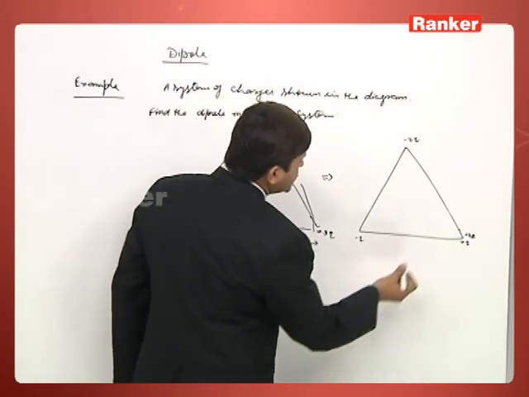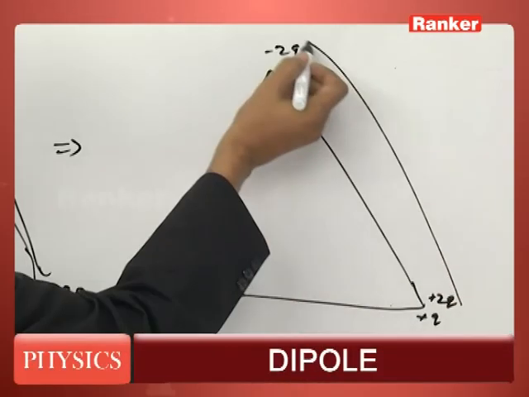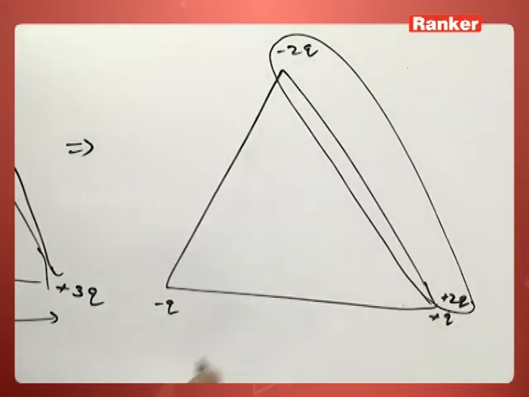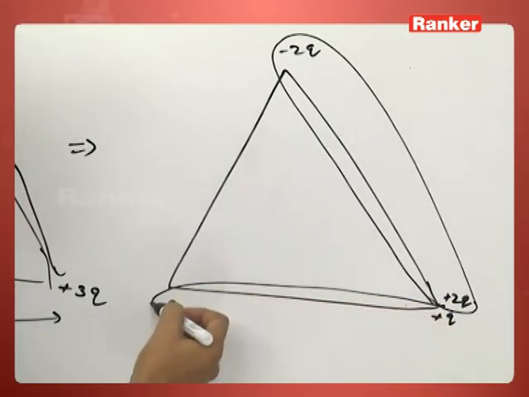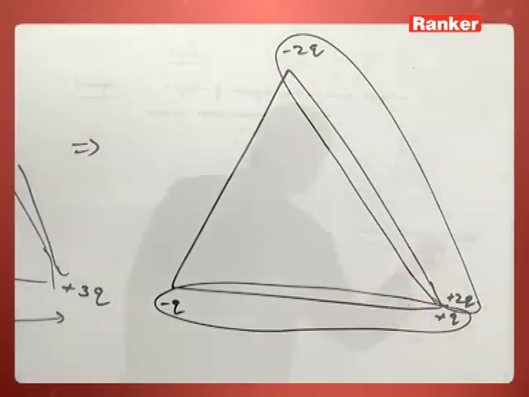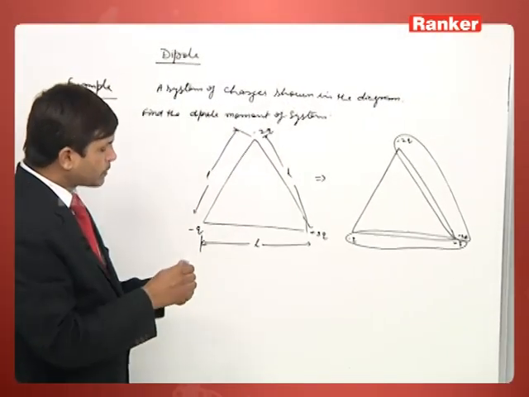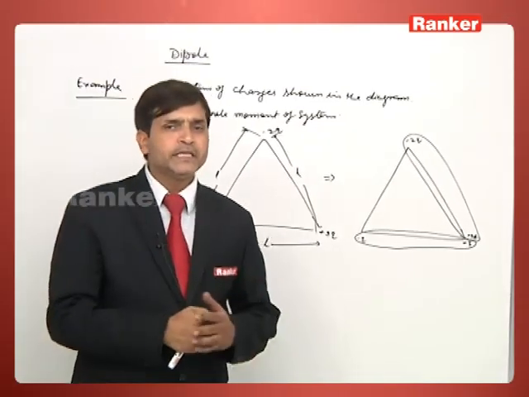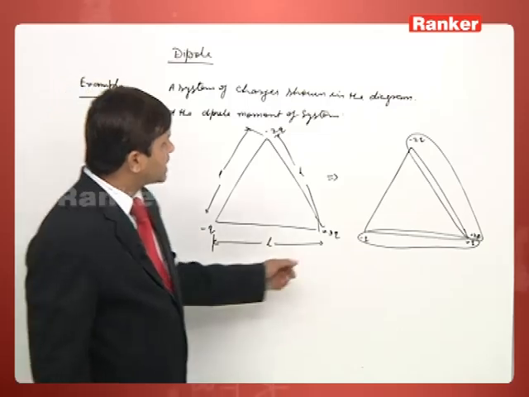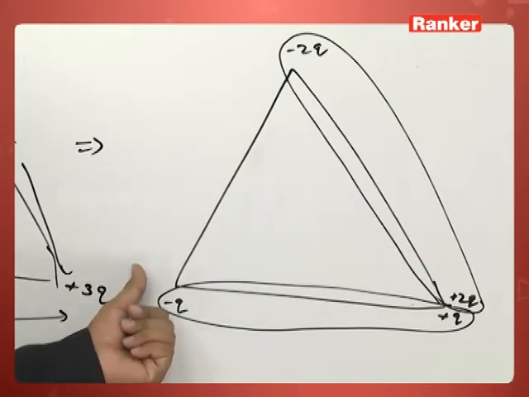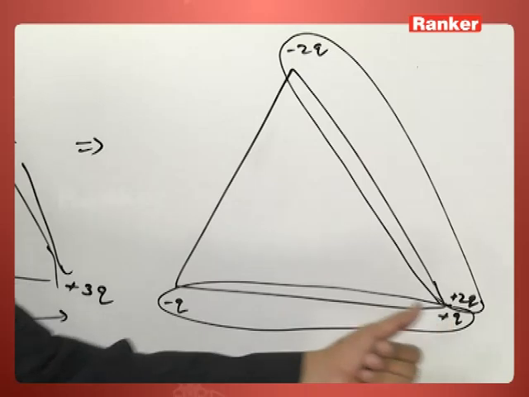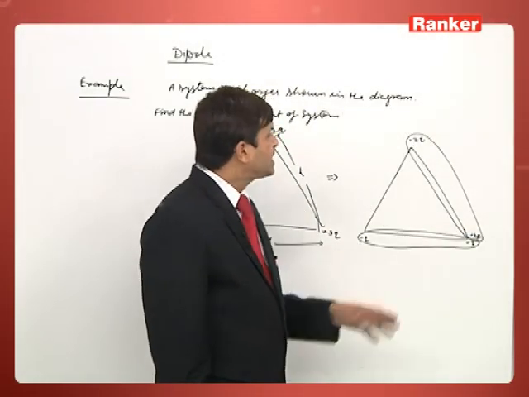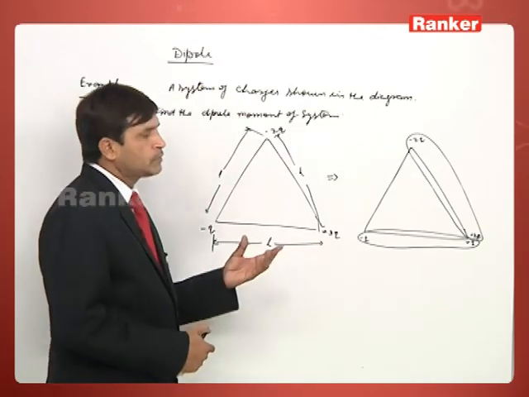So what can be said here? This plus 2q and this minus 2q become one dipole, and this plus q and this minus q become another dipole. It is not mandatory to make that type of dipole; we can have any such combination, and you can make any set of combination you like.